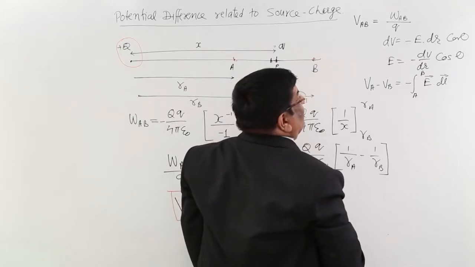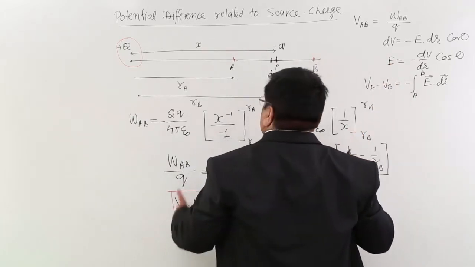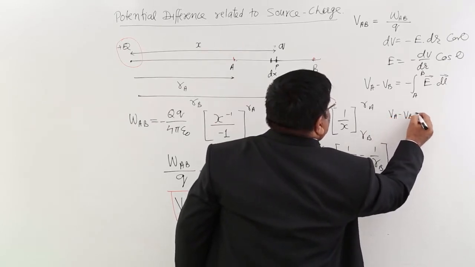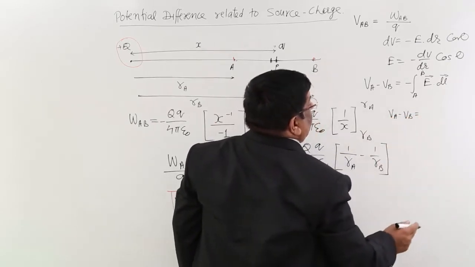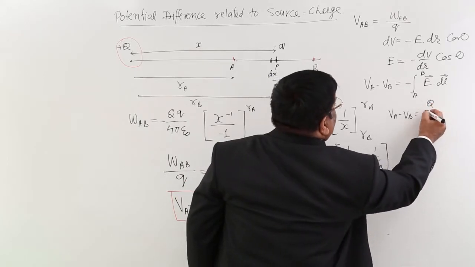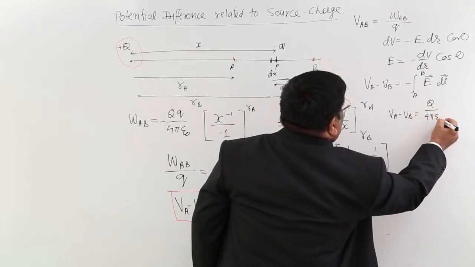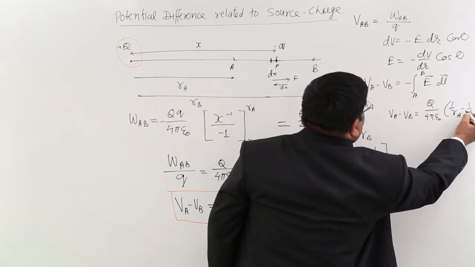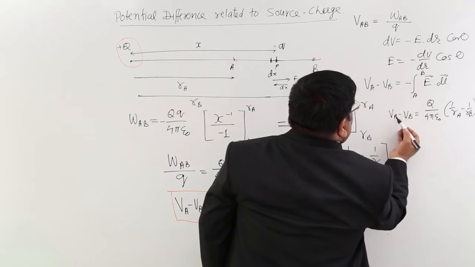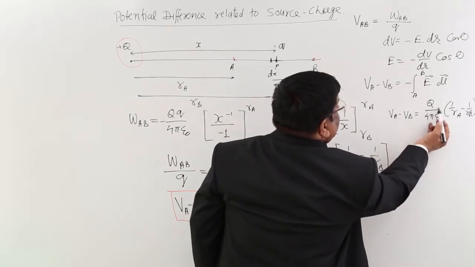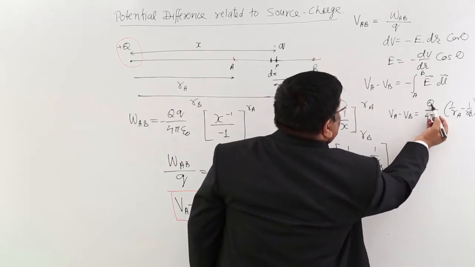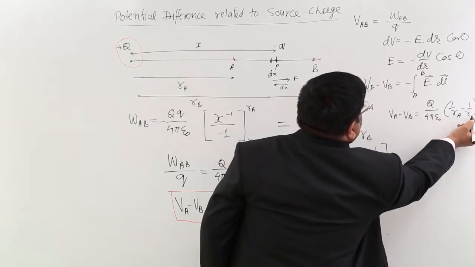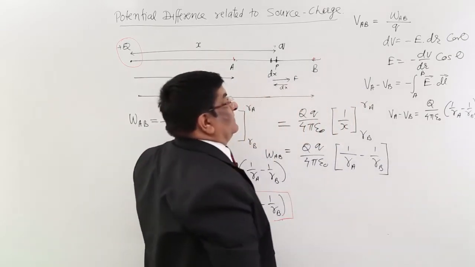Now we have done another formulation, and that formulation is Va minus Vb is equal to q upon 4 pi epsilon naught into 1 upon Ra minus 1 upon Rb, related to the source charge Q. So A is at a distance of Ra from Q, B is at a distance Rb from Q, and the potential difference is in terms of Ra and Rb.